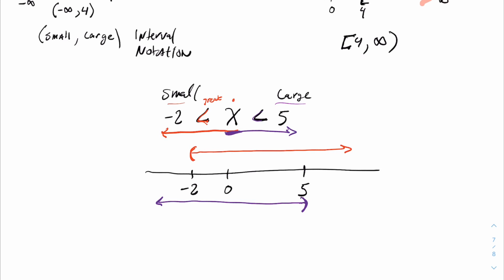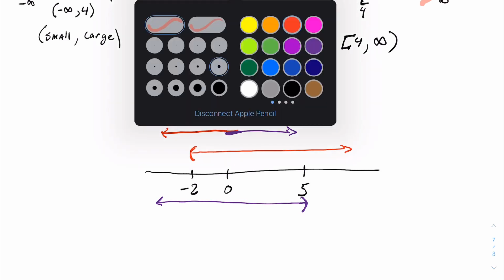And so the way this compound inequality works is it says, I'm looking for the x values that are greater than -2 and less than 5. So really, it has to work for both. The real solution is where it works for both. Let's go green.